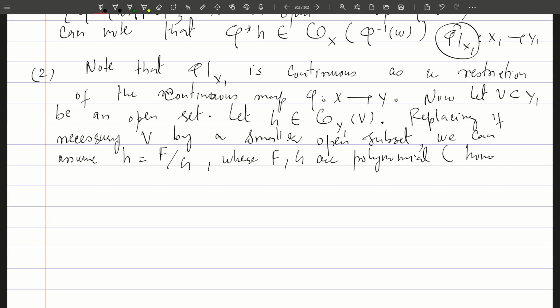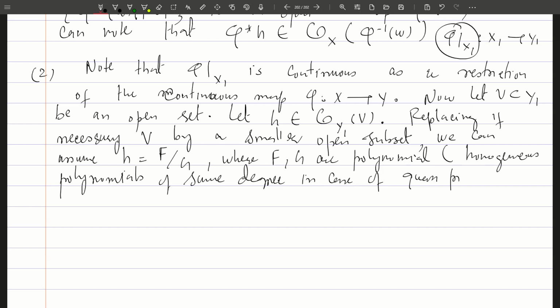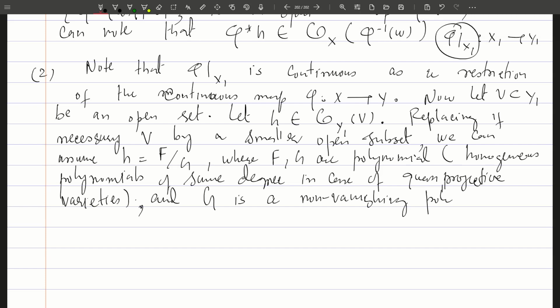So they are homogeneous polynomials of the same degree in case of quasi projective varieties, and this g is a non-vanishing polynomial on v.